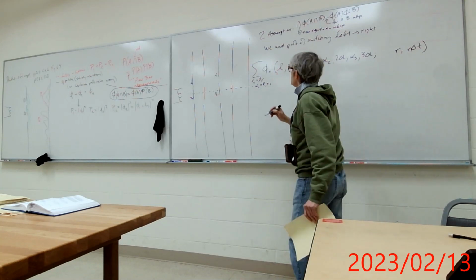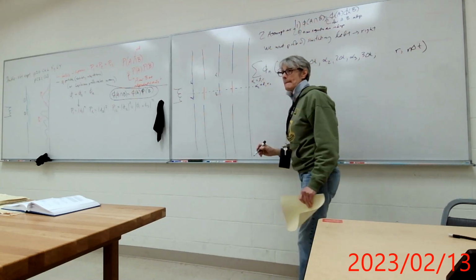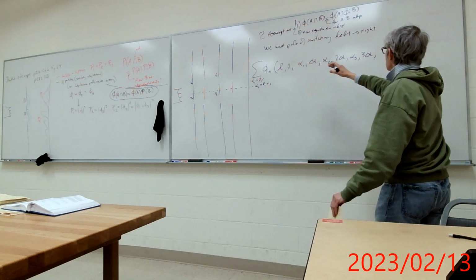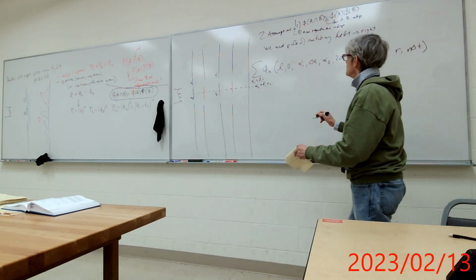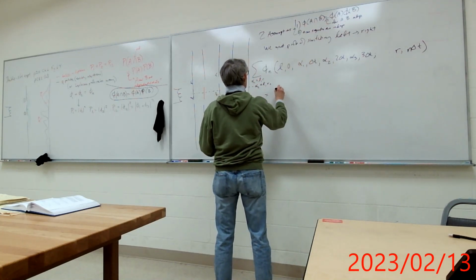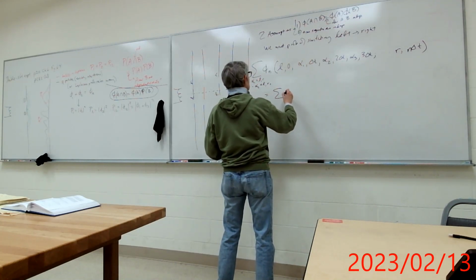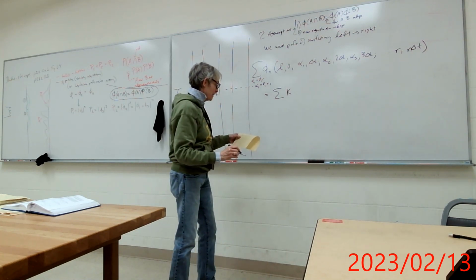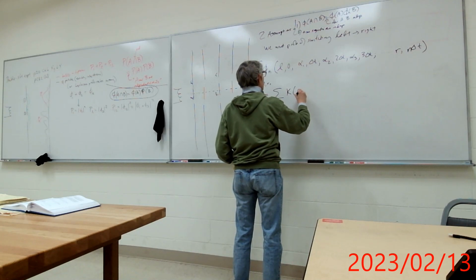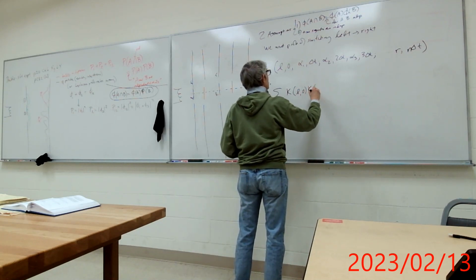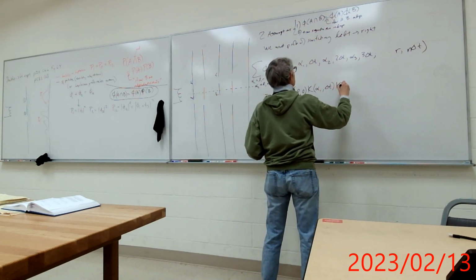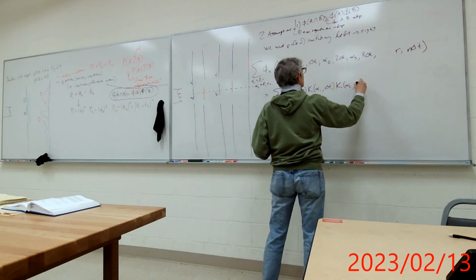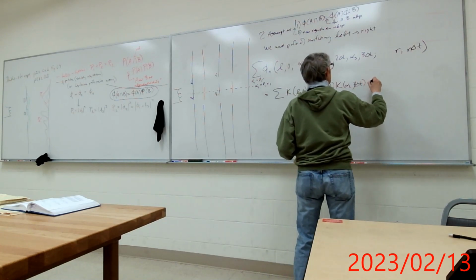So if you assume these two things, all right, then this is the thing we want to calculate, and we can actually write it down. This is going to be the sum of the, I'm going to call it K, the probability amplitude to be on the left at 0, times the probability amplitude to be at alpha 1 at time delta t times the probability amplitude to be at alpha 2 at time 2 delta t, dot, dot, dot.